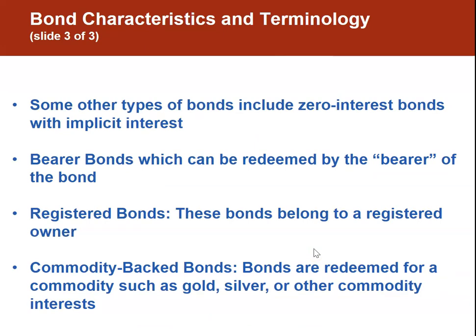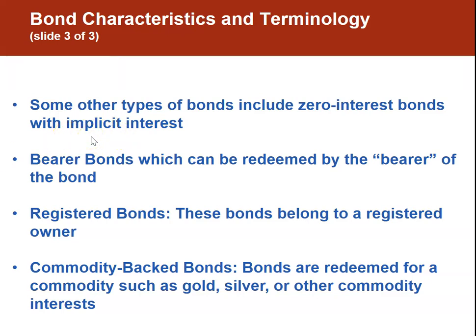We have some other types of bonds here. Zero interest bonds pay implicit interest, meaning you might pay $700 for the bond, and then upon maturity you get $1,000, and that might take 10 years. Well, you're not getting any interest payments. The interest is implicit.